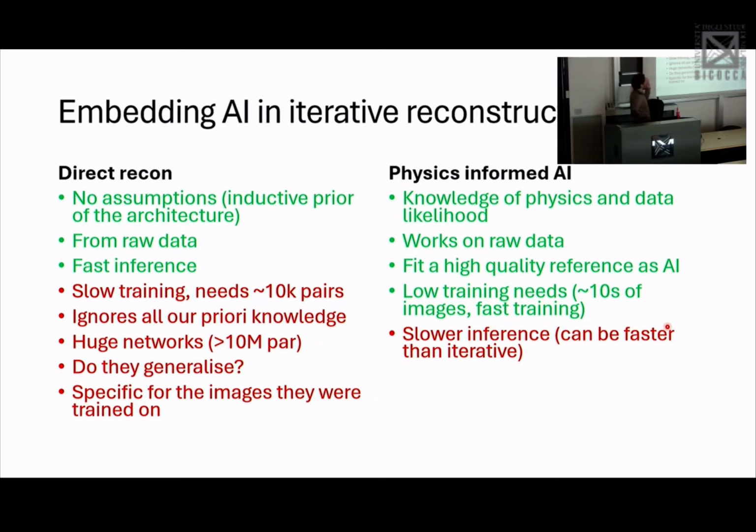It works directly on raw data from the sensor, and it does a very fast inference. However, it's a very complex training because you need billions of parameters. It ignores all of our prior knowledge. We have it, so why throw it away? We are not sure how well they generalize, if they have issues with hallucination, and so on. And they are, of course, specific for the images that they were trained on.